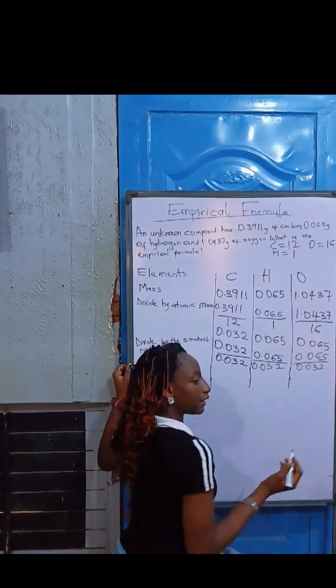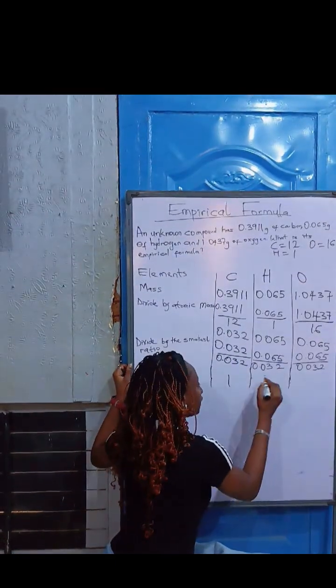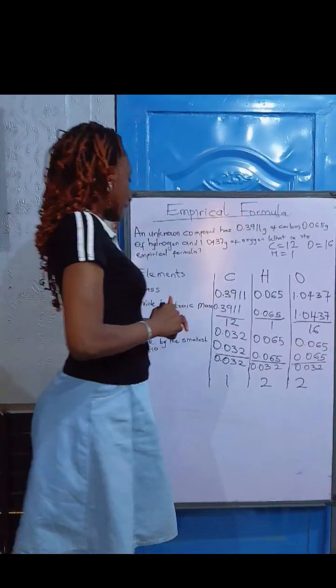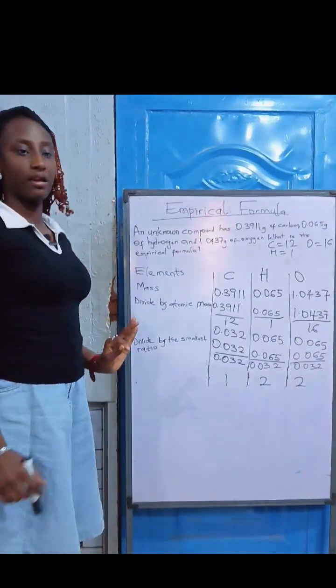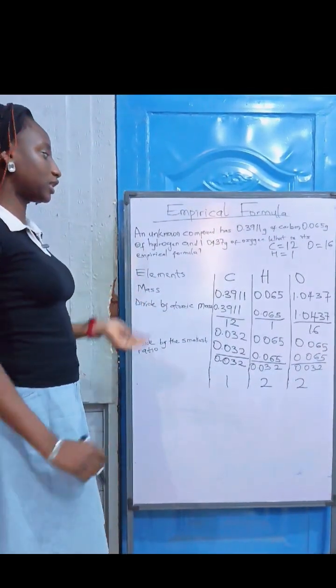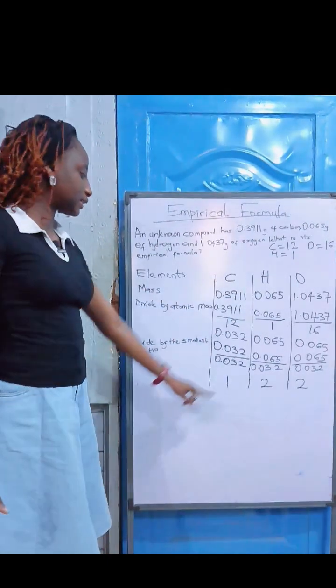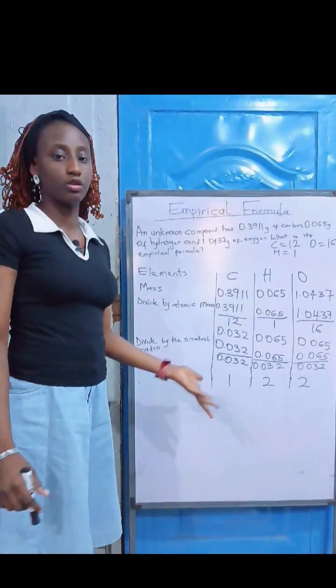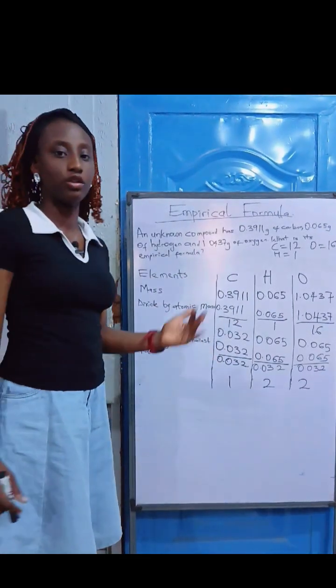Doing this on the calculator, this will give you 1, this will give you 2, and this will give you 2. So we have arrived at what the empirical formula is. What you just need is to write the elements with the numbers as the subscript. For the one that has 1, you don't need to show 1, but anything greater than 1, you always need to show it.